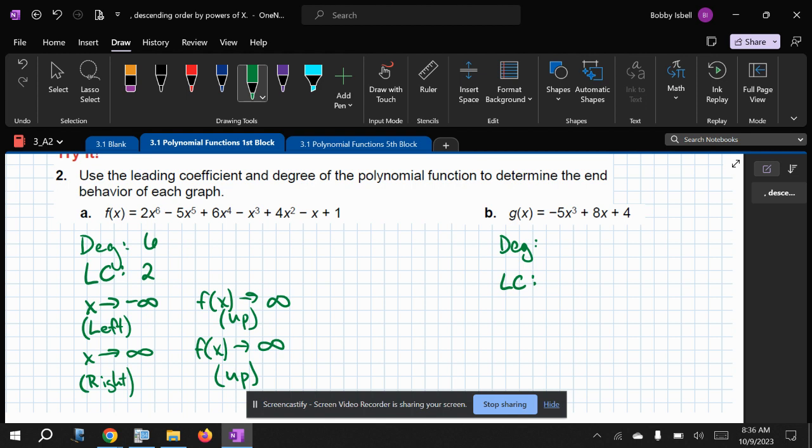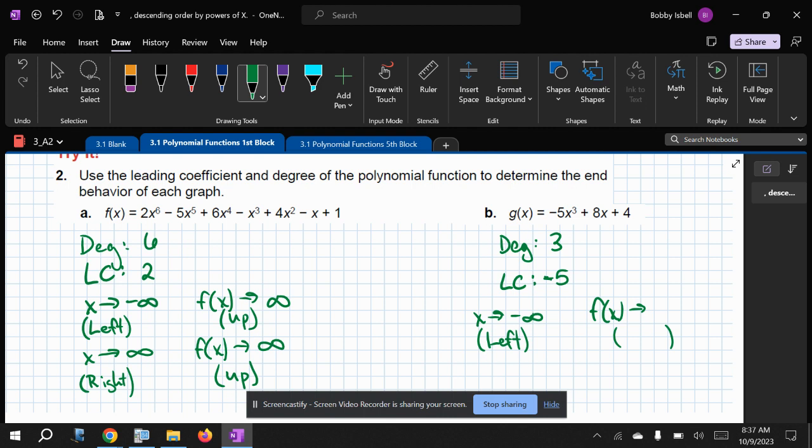What's the degree? 3. The leading coefficient? -5. So as x goes to the left toward negative infinity, f of x goes which way? So we've got a negative leading coefficient with an odd degree.